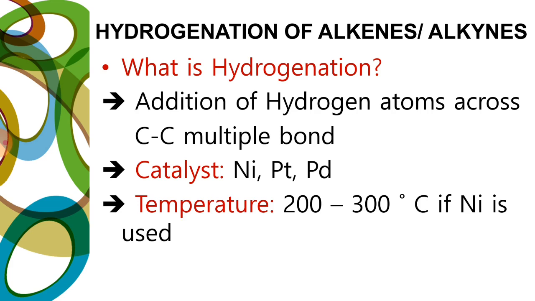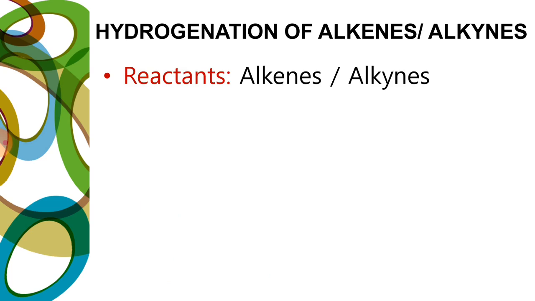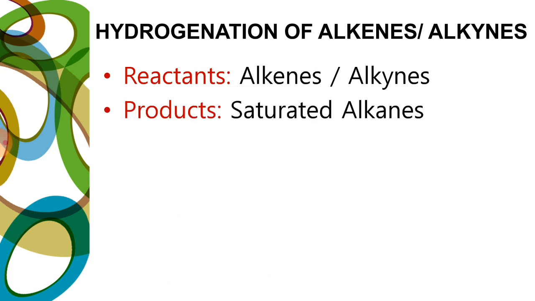However, if platinum or palladium is used as a catalyst, then this reaction may occur at room temperature. And this reaction usually proceeds at higher pressure. So these are the reaction conditions for the hydrogenation reactions. In the hydrogenation reactions, the reactants are the alkenes or alkynes, and the product is a saturated alkane.